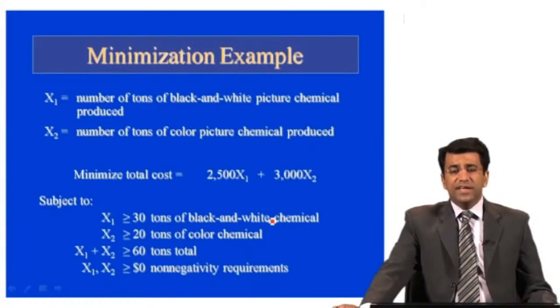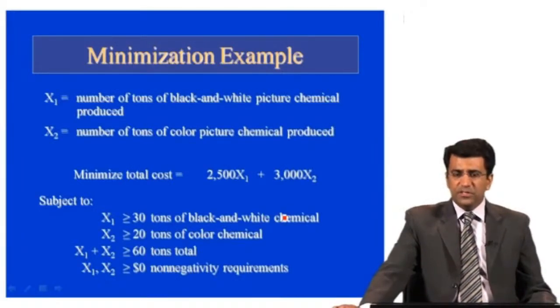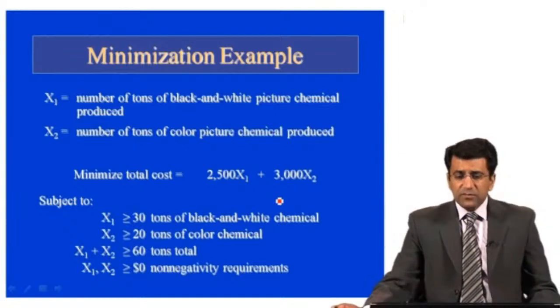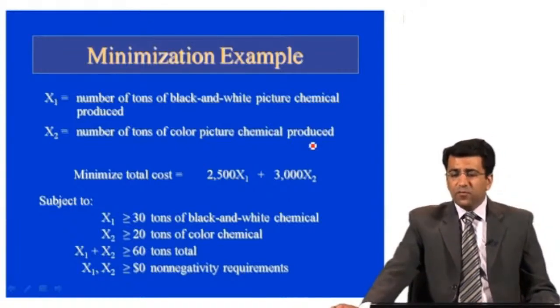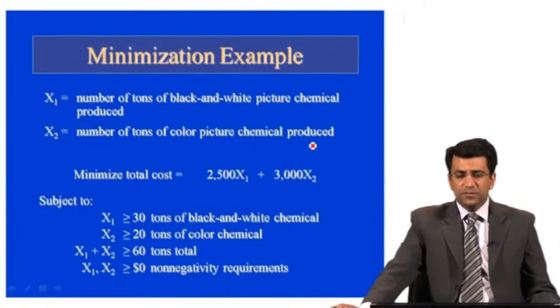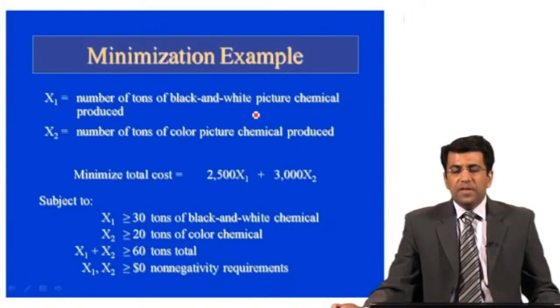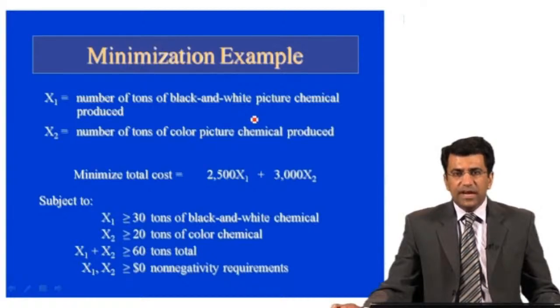So let's take an example of a minimization problem. Suppose x1 is the number of tons of black and white picture chemicals produced, and x2 is the number of tons of color picture chemicals produced. Our total minimization cost function is equal to 2500 x1 plus 3000 x2.